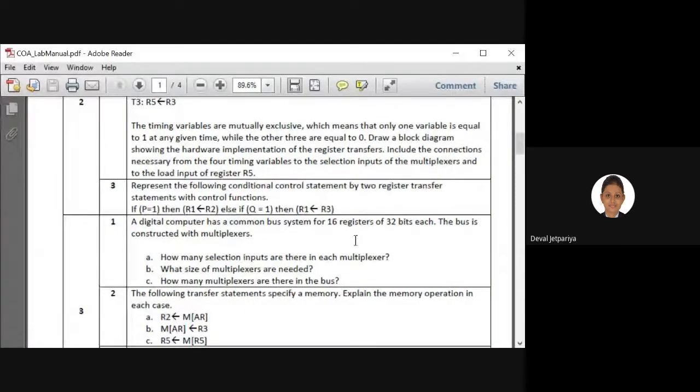So can you tell me now the size of the multiplexer we require? No, Shyam. 16 registers, one line to one multiplexer.